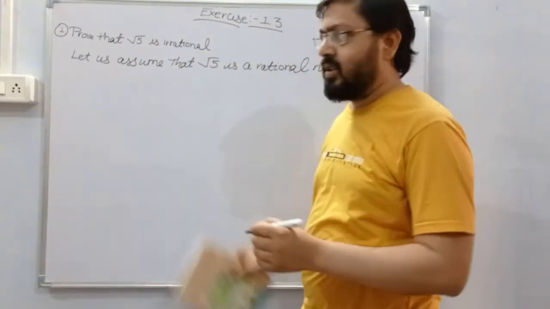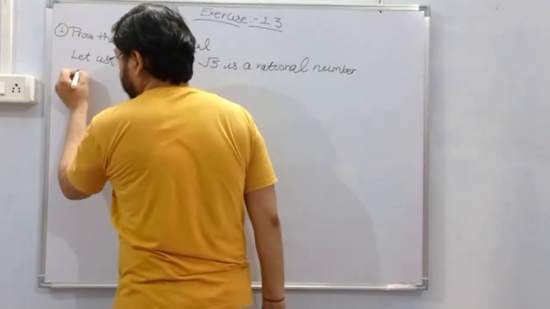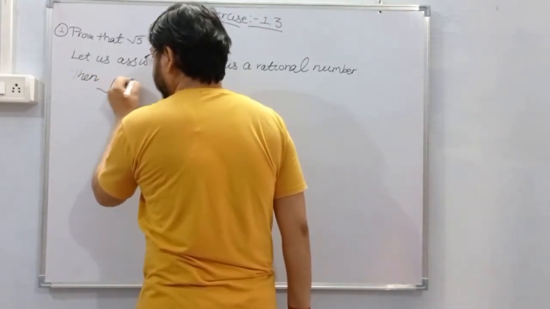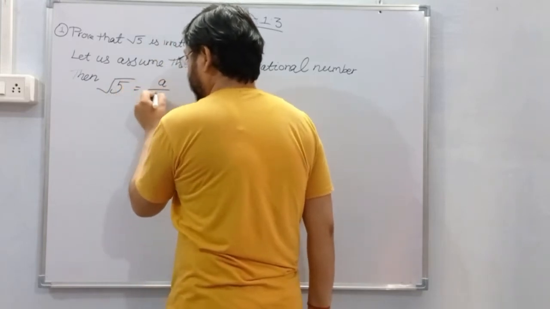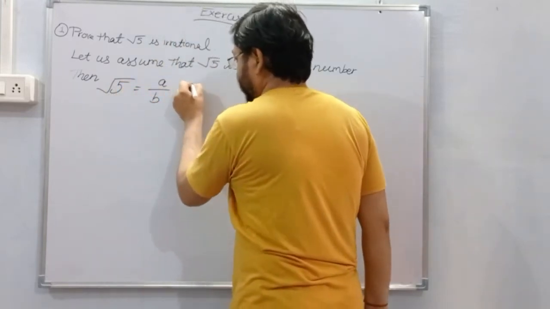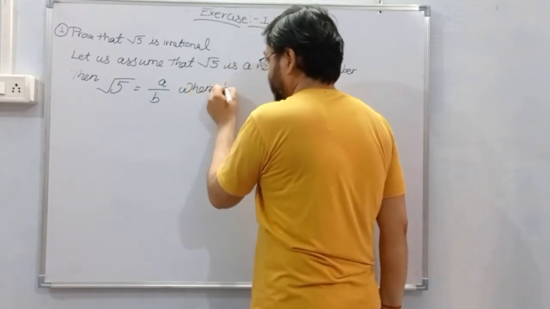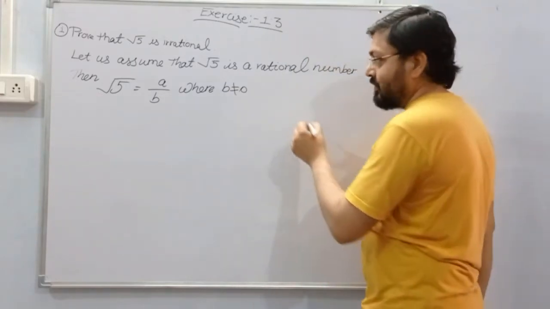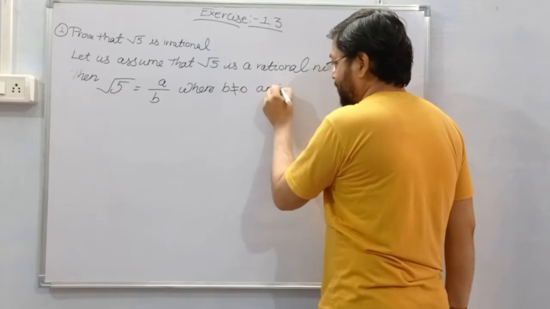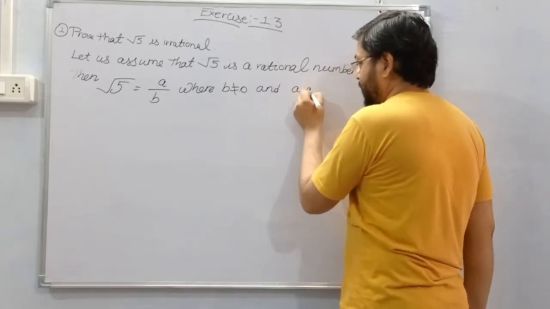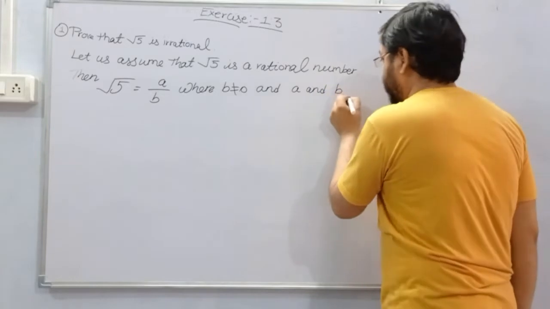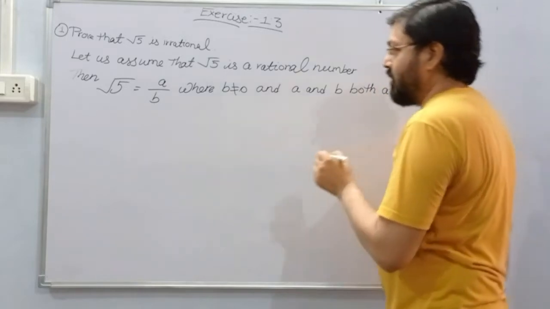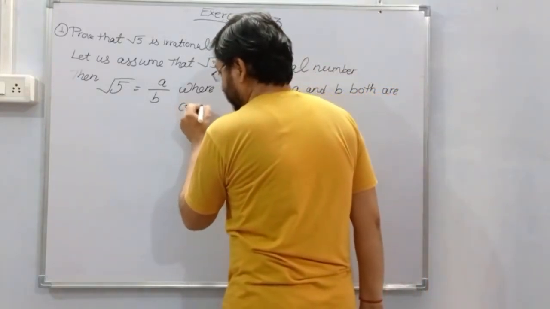If it is a rational number, then root 5 is equal to a upon b, where b is not equal to 0 and a and b both are co-prime numbers.